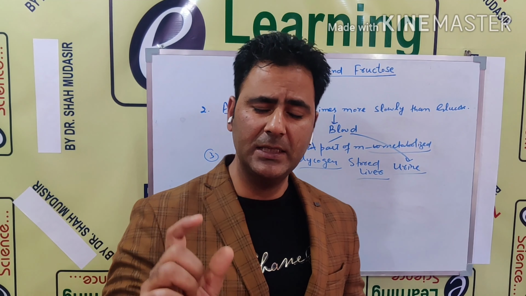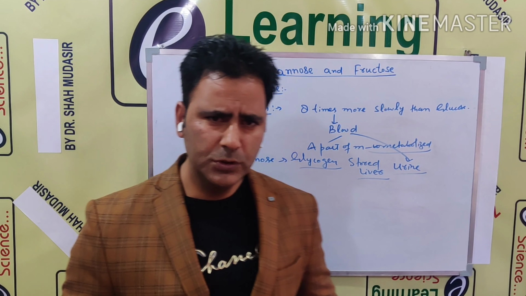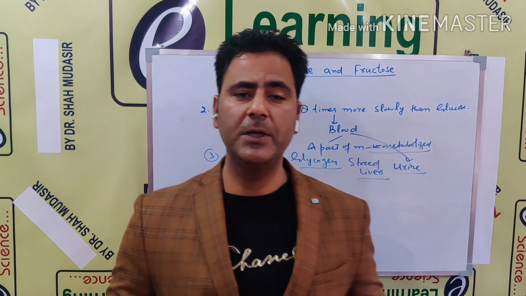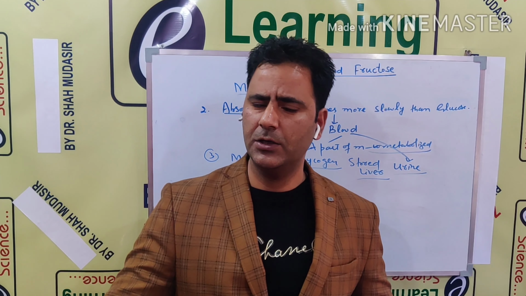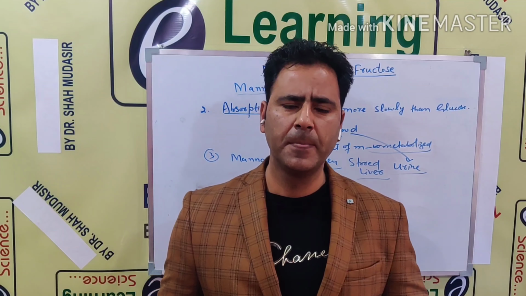In this way, it has some importance. What type of importance does it have? We can use it as a sweetener for diabetic patients. For example, in diabetic patients, we are not offering glucose since glucose is not tolerated by them.